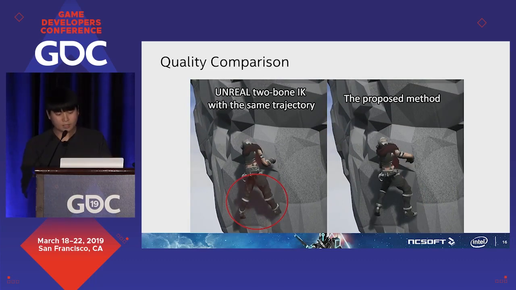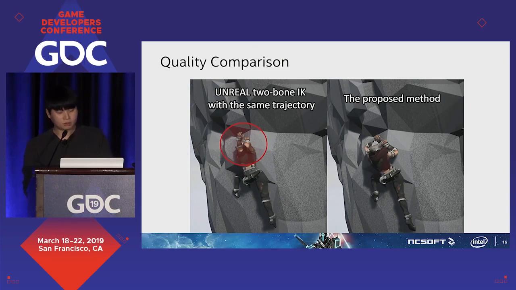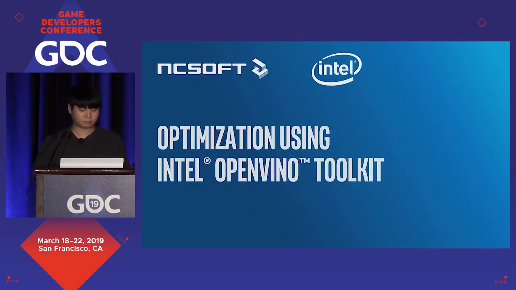Here, a climbing man is stretching his legs in an unrealistic way, or gathering his arms like a mantis. As you can see here, two-bone IK is likely to generate unintended motions, whereas our deep learning-based full-body IK solver model generates our preferred and detailed motion.